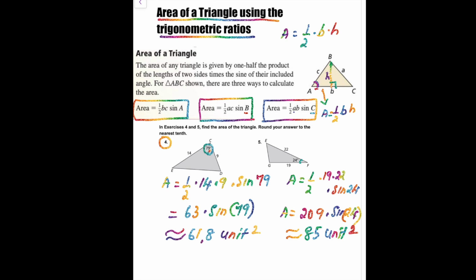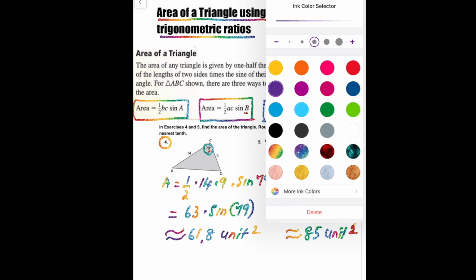So this is how you do the area of a triangle using the trigonometric ratios. I hope you understand this, and there is a reason behind it. We are using the sine ratio to find the altitude H. So I'll go back and look at this.